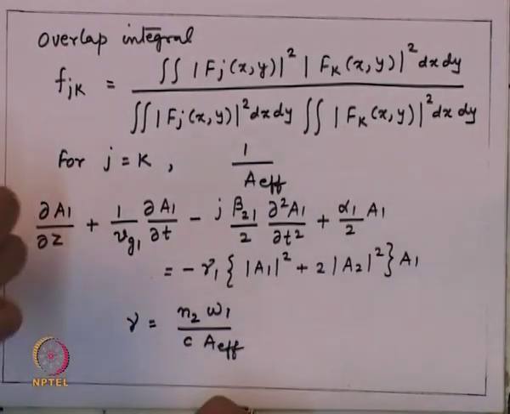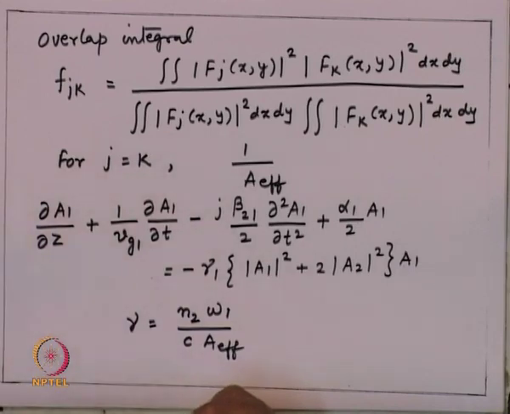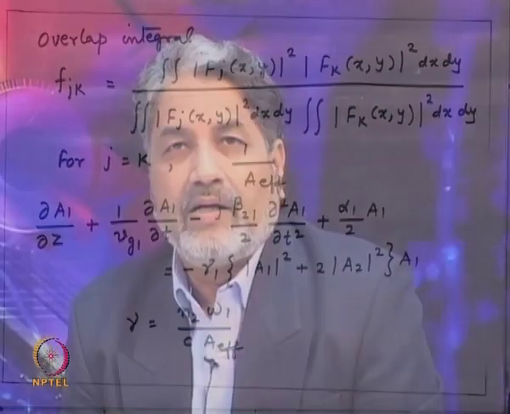So, now the phenomenon is as follows. Imagine a situation where you have a pulse and another pulse which is traveling, but these two pulses are not traveling with the same speed; they are traveling with different velocities. When they travel with different velocities, they essentially slide through each other as they propagate.